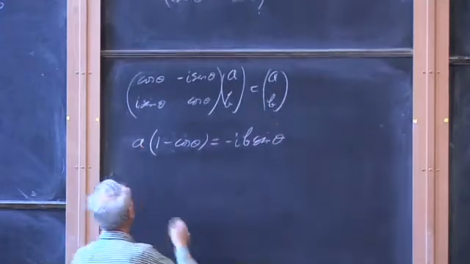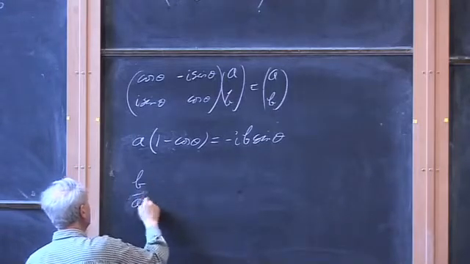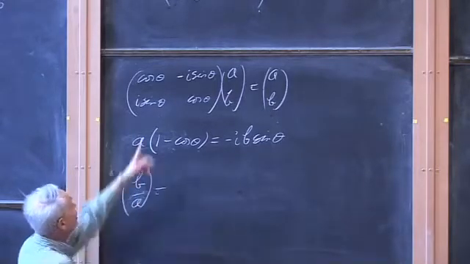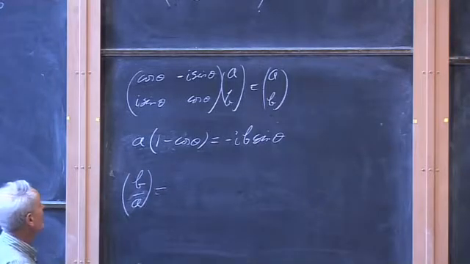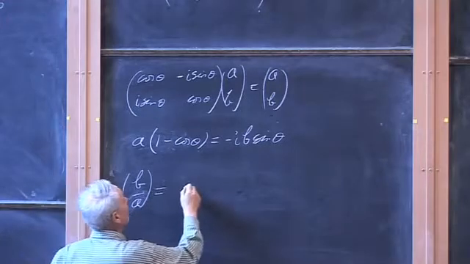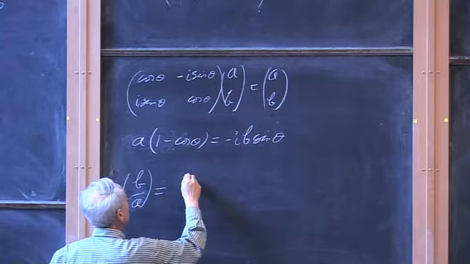In other words, we're going to have that B over A, which is all that I can determine, it's only the ratio of A to B that I can determine out of this. The absolute values have to be determined from a normalization condition.